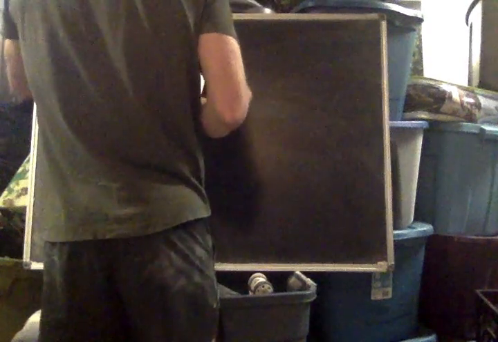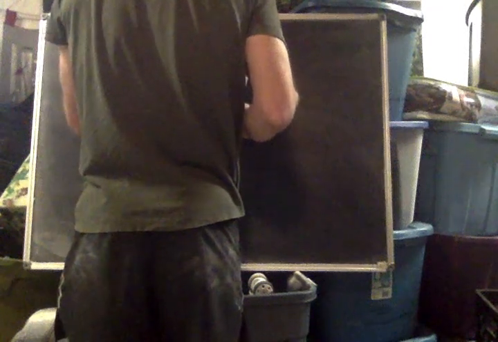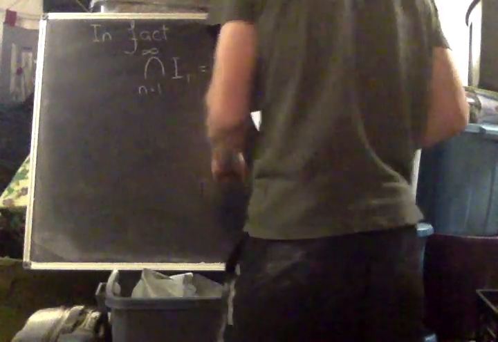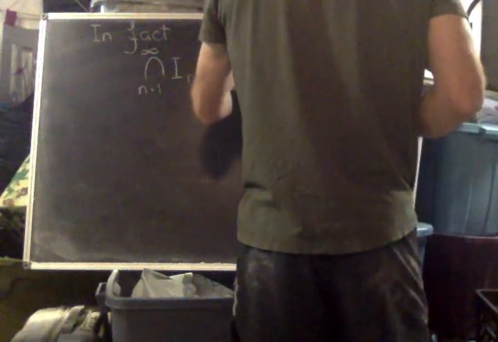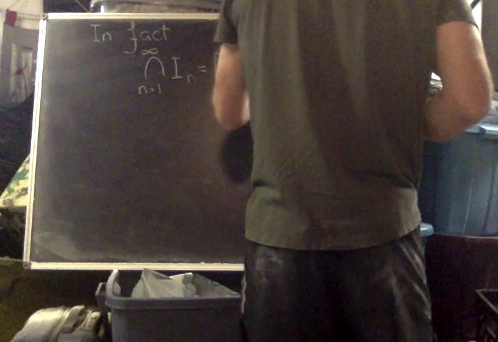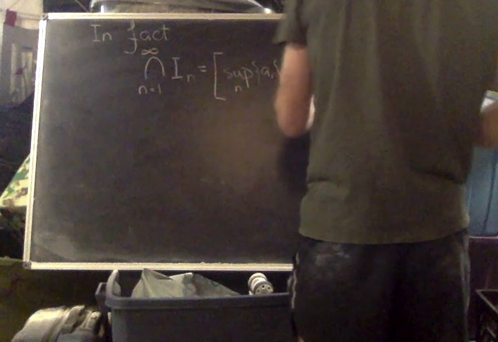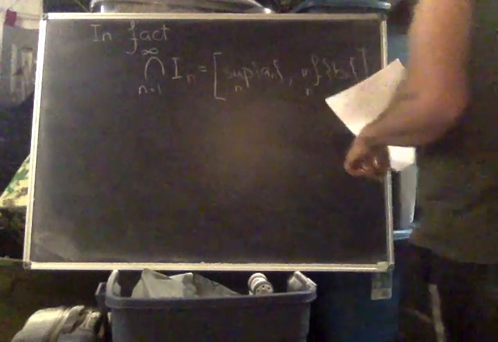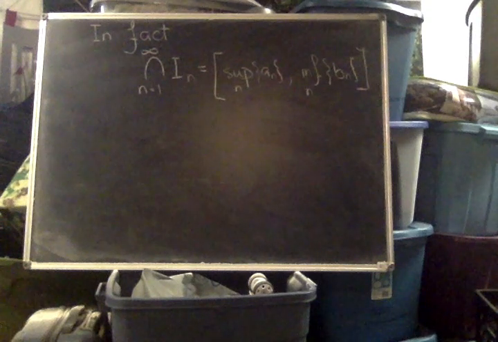In fact, the intersection from n equals 1 to infinity of these I sub n's is itself a closed and bounded interval whose left-hand endpoint is the supremum of all the a sub n's, and whose right-hand endpoint is the infimum of all of the b sub n's.